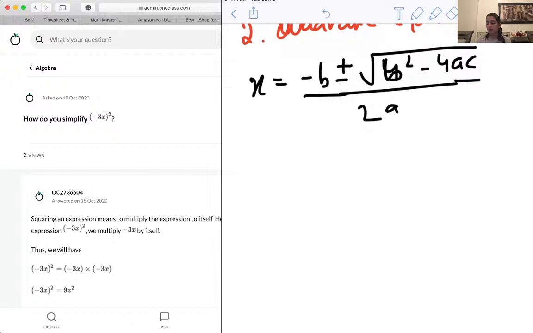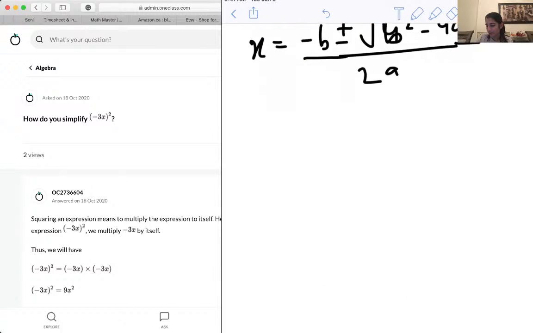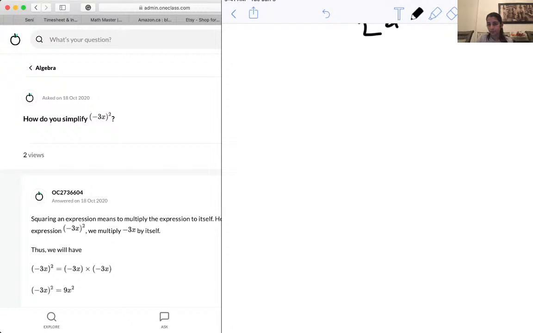Our next question, our fifth question, is how do you simplify negative 3x squared? Again, this is in condensed form.